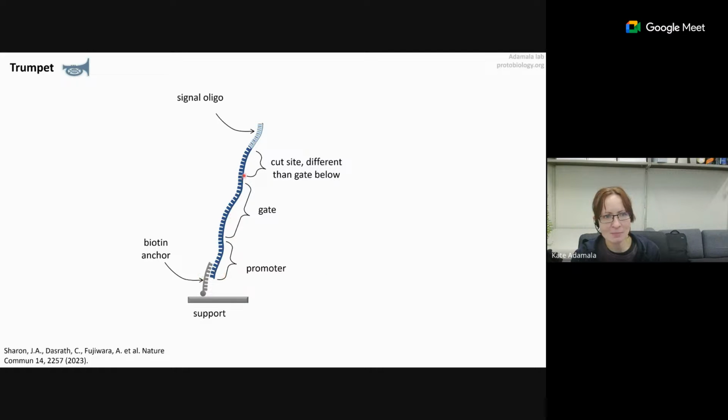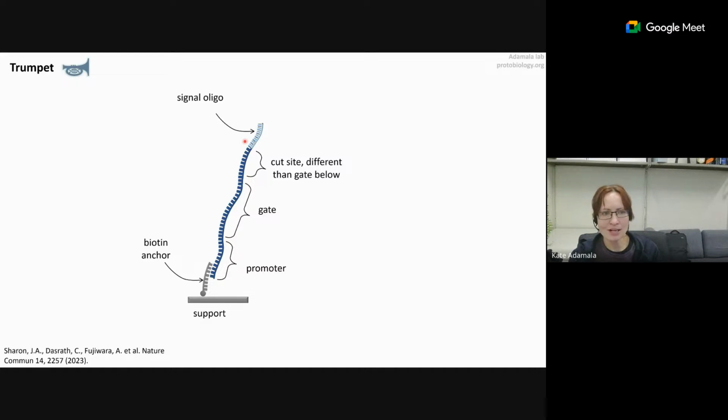So this is the same type of gate template that I showed you before, except at the end, instead of a fluorescent aptamer, we have what we now call a signal oligo. So this is a short oligonucleotide that can be used to program the next generation gate.